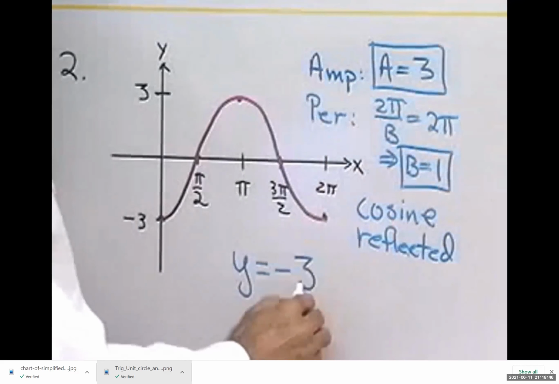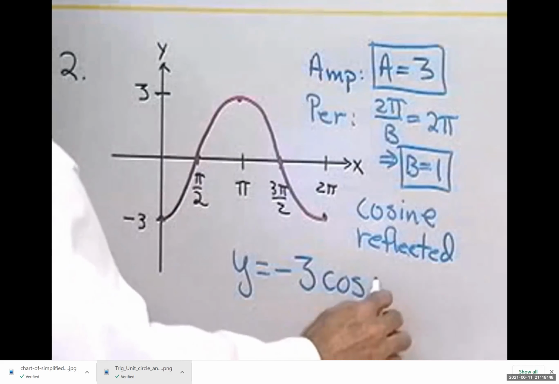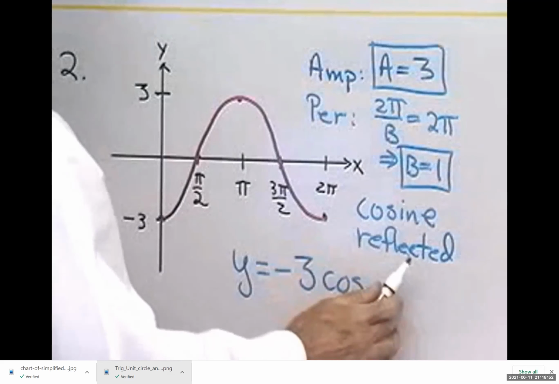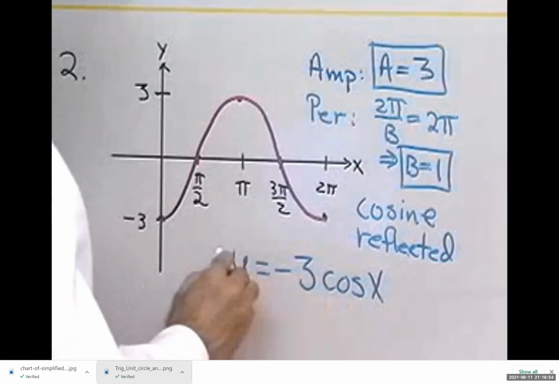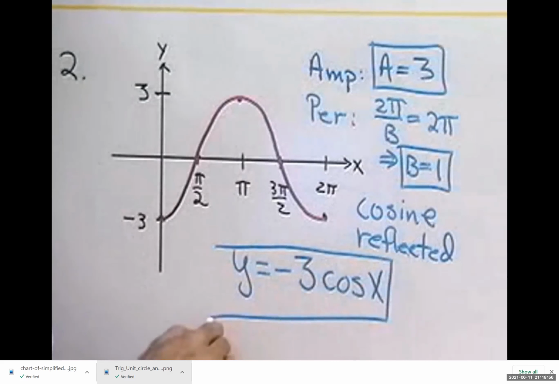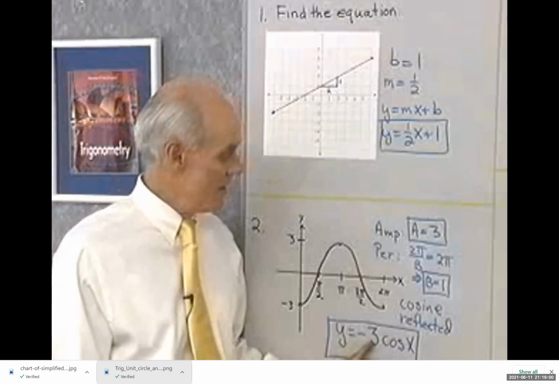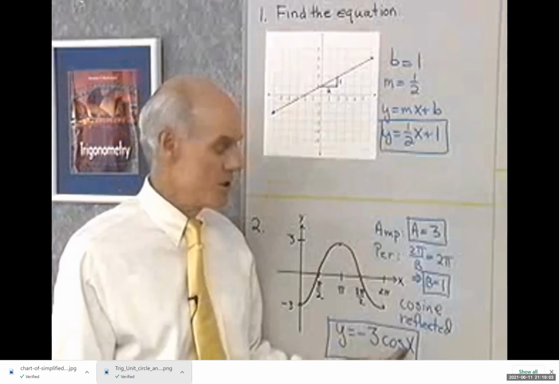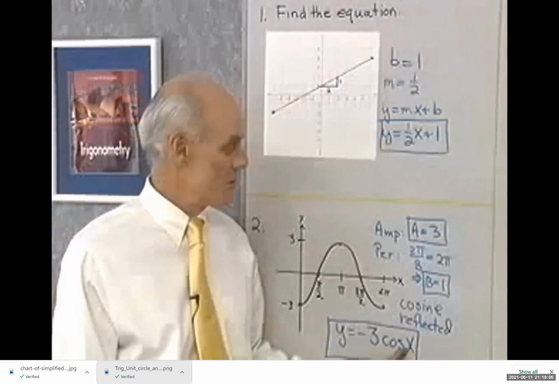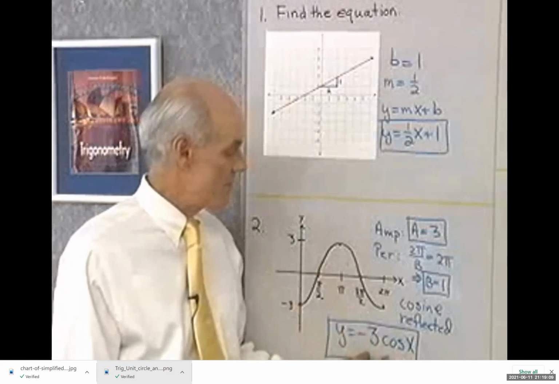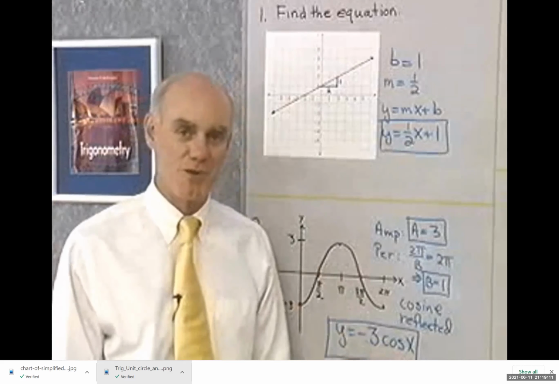Amplitude is 3, cosine of b times x, which is just going to be x. So here's my negative sign. That reflects the graph. The amplitude is 3, and the period is 2 pi divided by 1, which is just 2 pi, and of course it's a cosine curve. So this graph right here comes from this equation, y equals negative 3 cosine x.